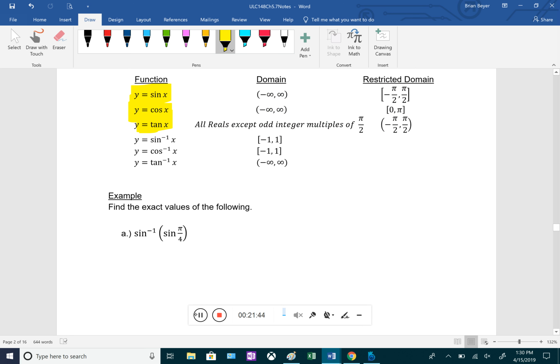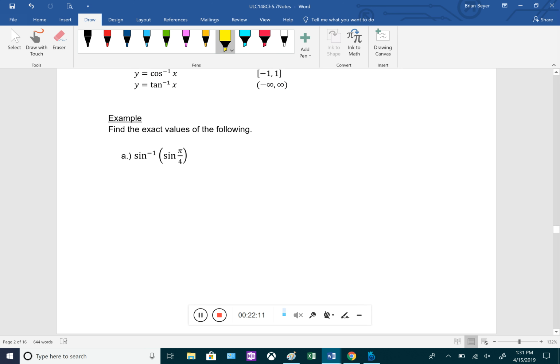In the bottom three, we have the inverse functions as well as their corresponding domains. Sine inverse and cosine inverse have a domain of -1 to 1, so we can only plug in values between -1 and 1. For tangent inverse, the domain is -infinity to infinity, so that won't pose a problem at all because the domain is all real numbers. Okay, let's actually do an example here to see what I mean for these.